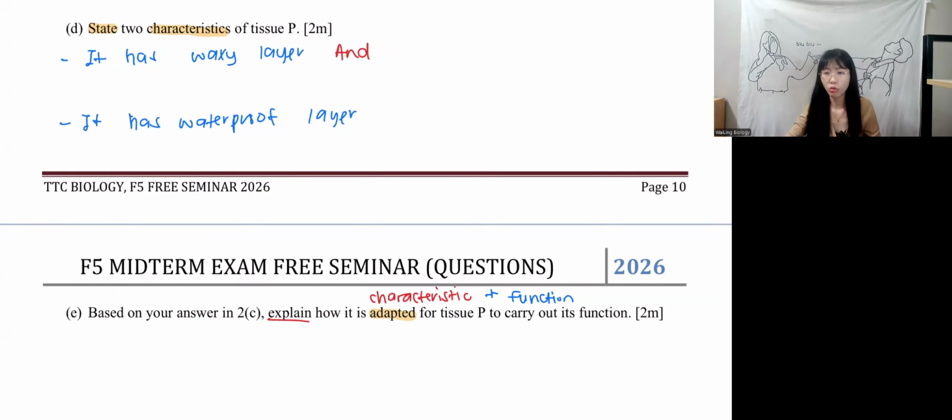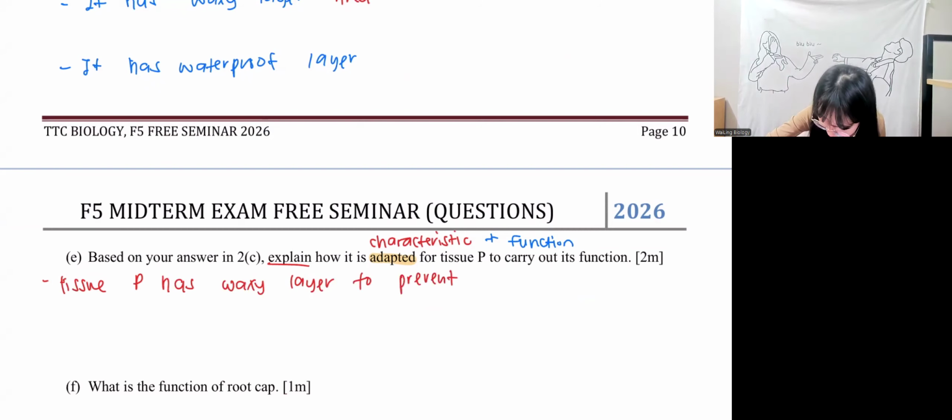the root, tissue P. Tissue P has waxy layer to prevent plant from mechanical injury.